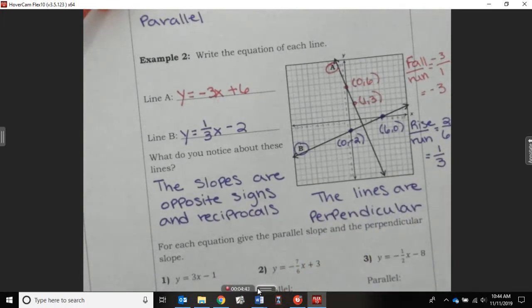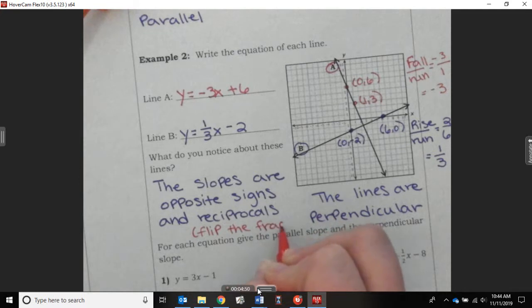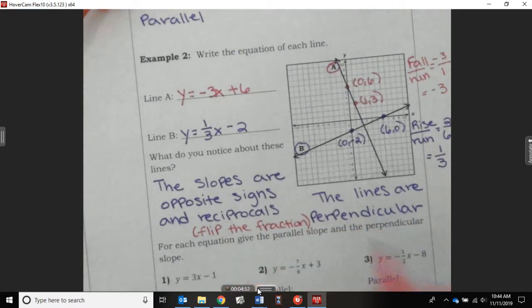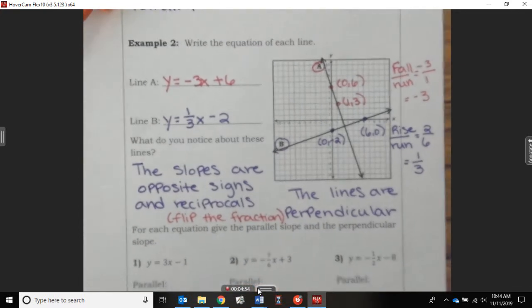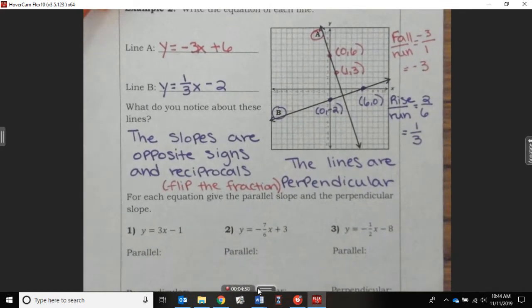Okay, and remember, reciprocal just means that we flipped the fraction. Okay, so that is the definition of a perpendicular line. Opposite sign and flip the fraction.